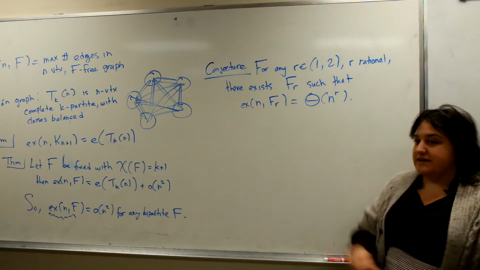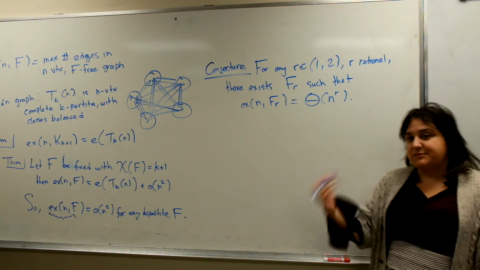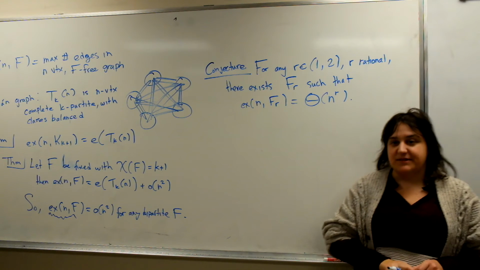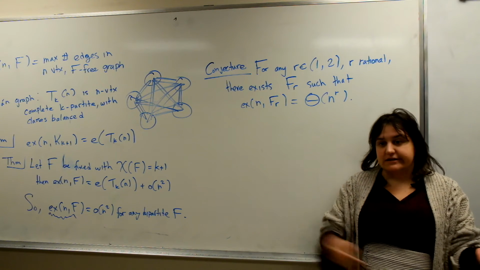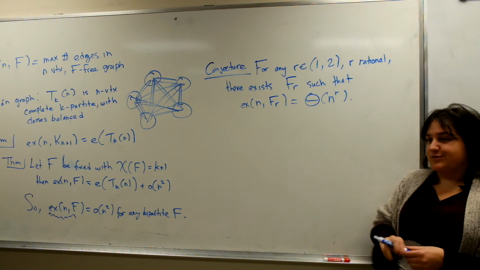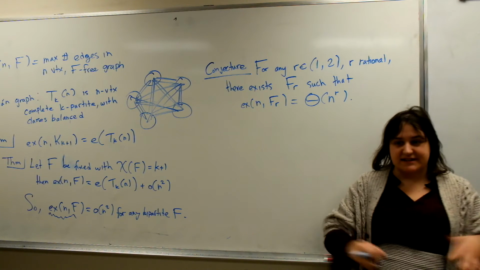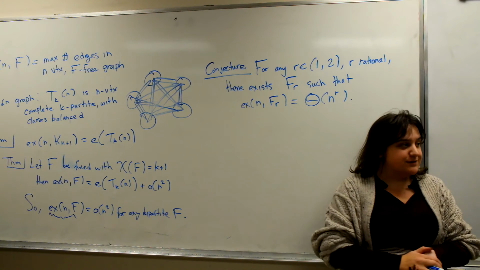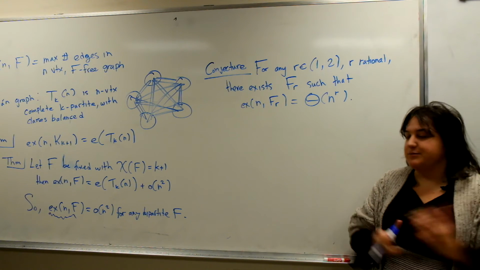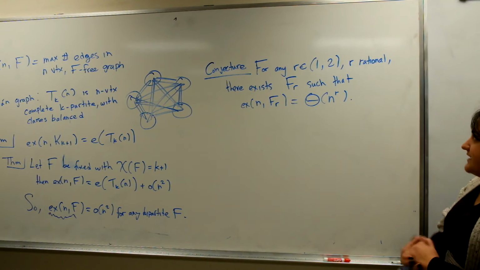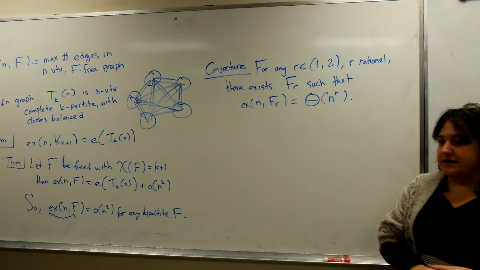We start at 1 here because sublinear things aren't really going to happen. I guess you could forbid something like a matching, and then you would not be able to take the trivial example of a matching of size n over 2, but ordinarily, at least we'll be able to get a linear number of edges. And so this really is the sensible range to think about.